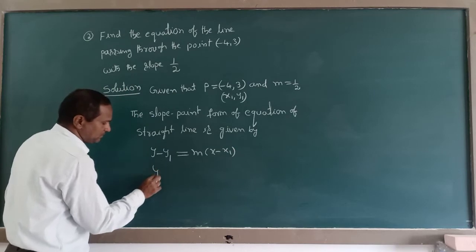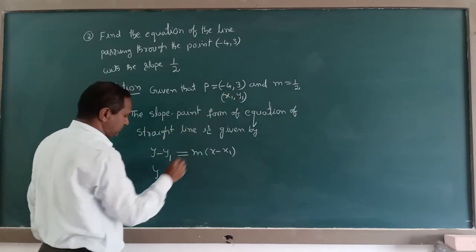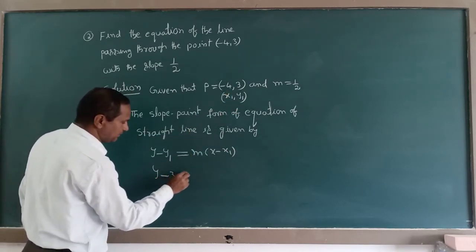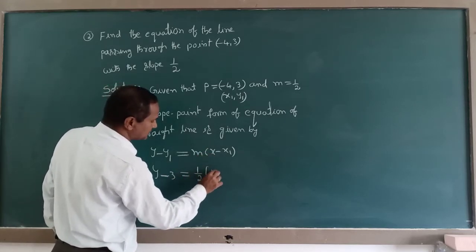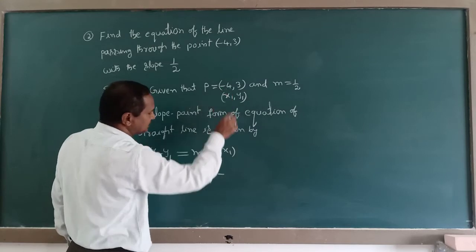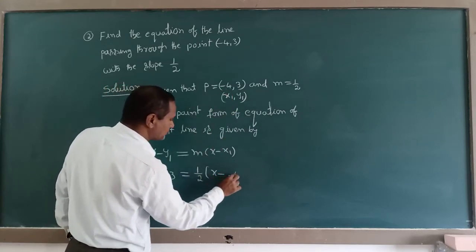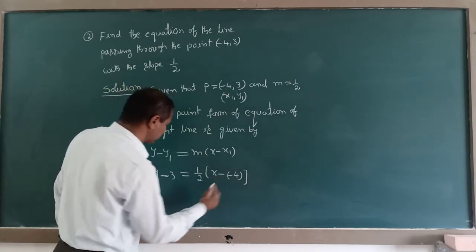That is, y minus 3 is equal to 1 by 2 of x minus minus 4, so we write minus 4 as it is here.